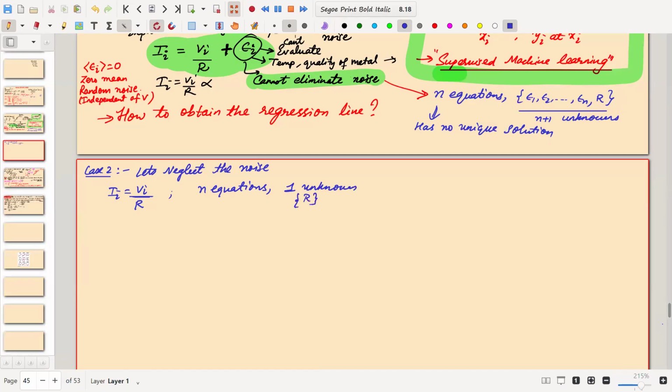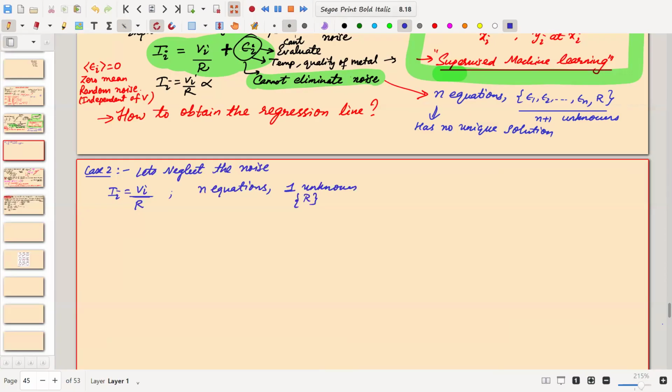Now you tell what can be done. The number of equations is greater than the number of unknowns. So what should we get? Unique solution?